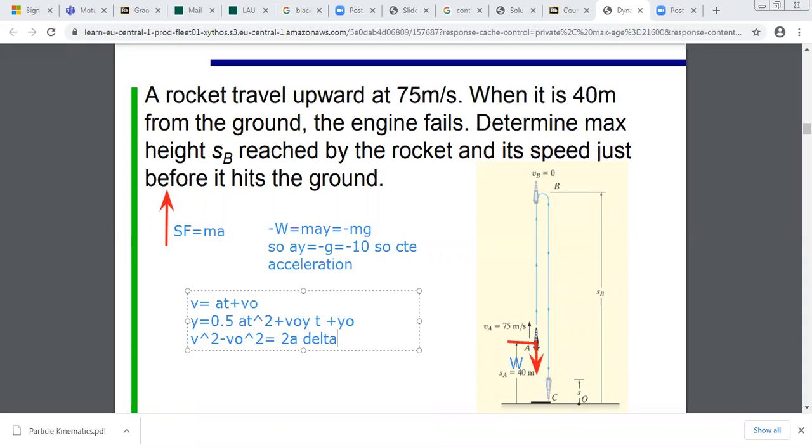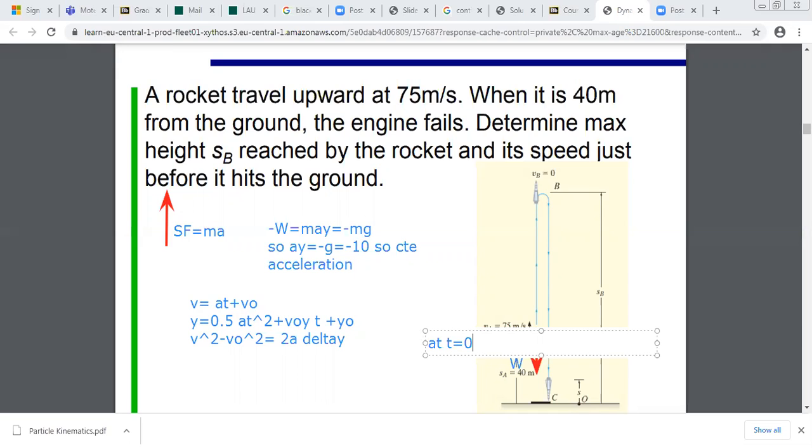So let us see here which relation to use. First, what do I know in this problem? I know the initial position. So I know that at t equals 0, because the initial position for me is when the engine fails, here will start my projectile motion.